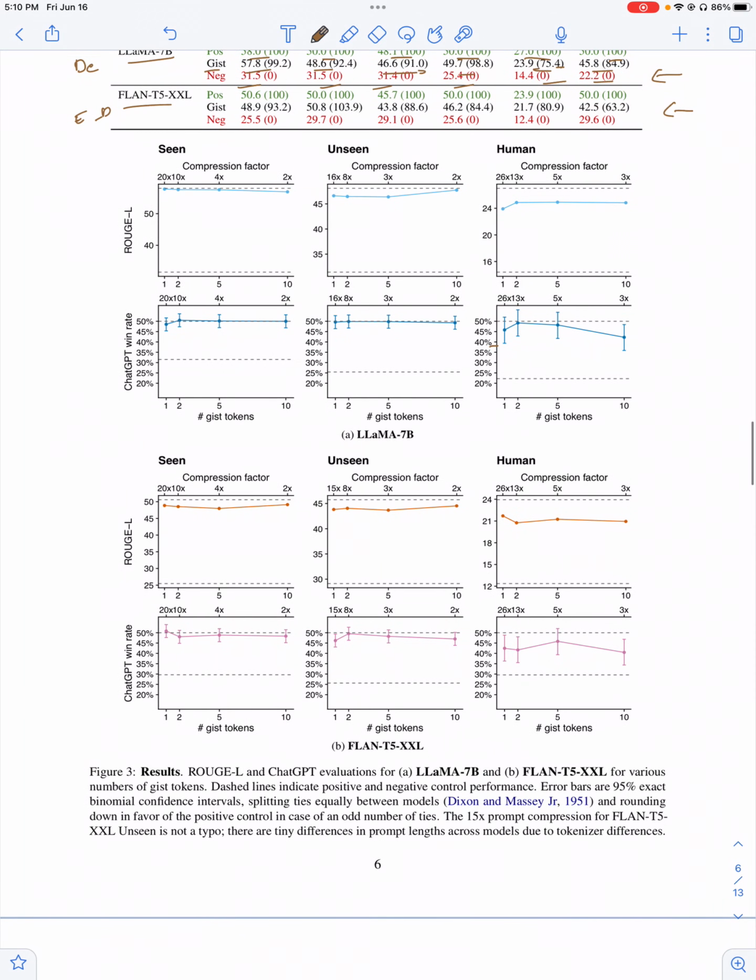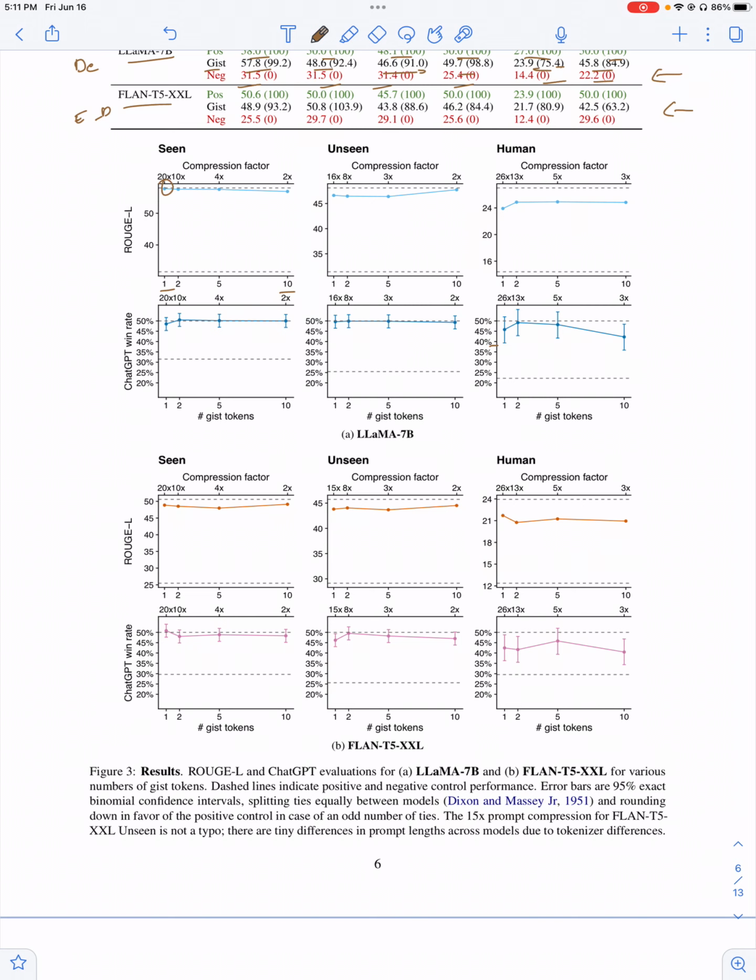And then they vary the number of gist tokens, right? We said they'll have a variable number of gist tokens. These only need to be added to the embedding matrix during the supervised fine-tuning phase, and they will be learned. So they have 1 to 10 gist tokens, and some of the results are interesting. What they find is just having one gist token is good enough.